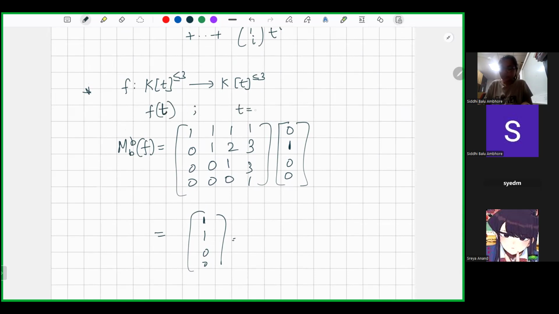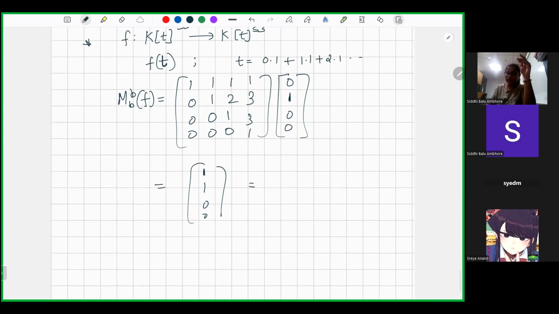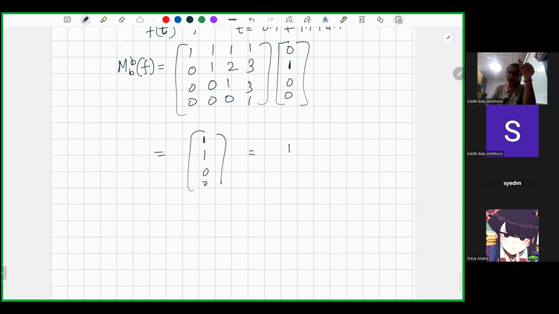So t is 0 plus 1 t plus 0 and so on, something like this. And this is what I get here. I just write the coefficients as a column, and whatever I get corresponds to that basis, which is 1, t, t square. So this is 1 plus t that I am getting.